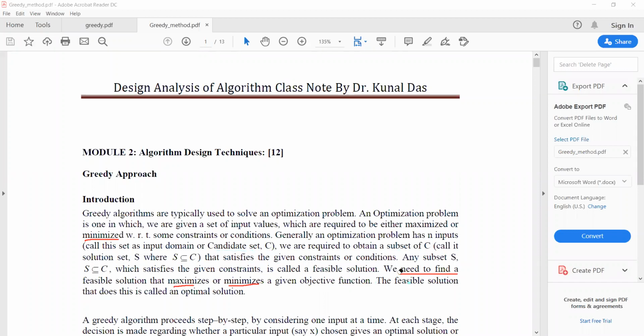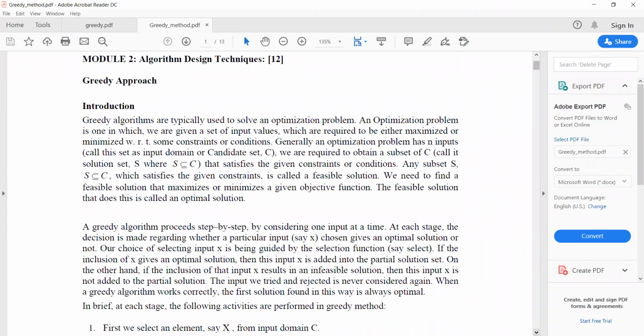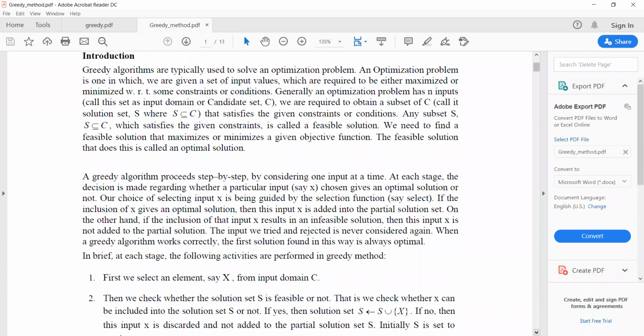Whenever we have an entire set, this is called a candidate set, and from that candidate set we try to get our input sets. The greedy algorithm will perform step by step.